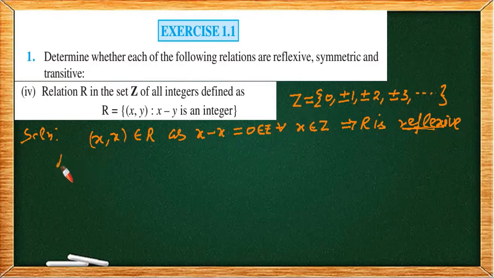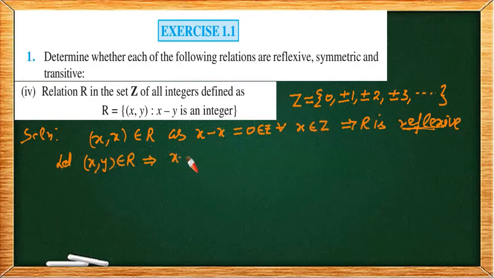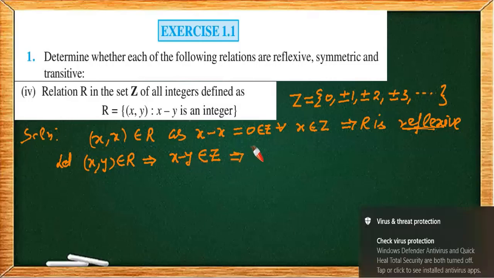Now let ordered pair (x, y) belong to R, which implies x minus y will be in Z. By definition of relation R, x minus y will be an integer, that is x minus y belongs to Z. Now, if any integer is there, its negative will also be an integer.